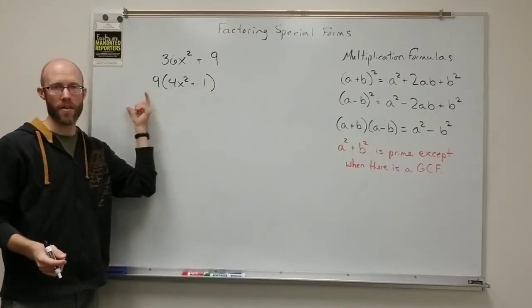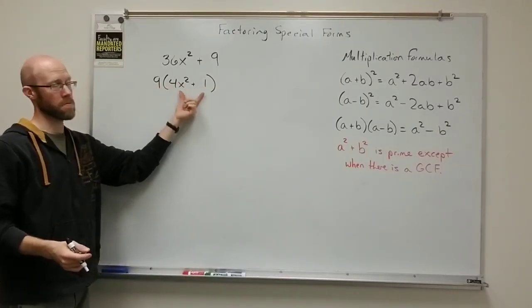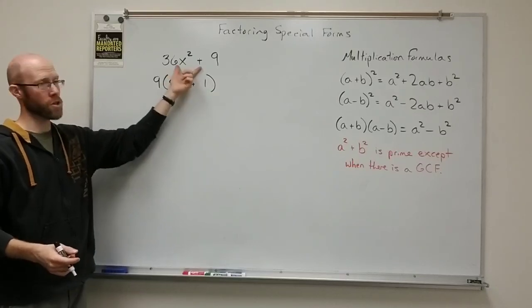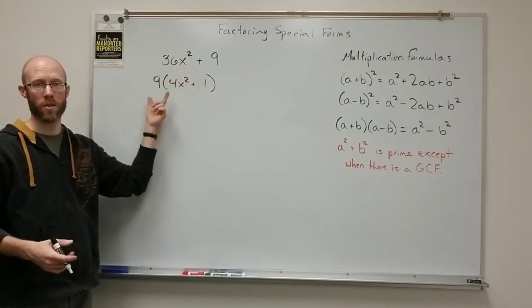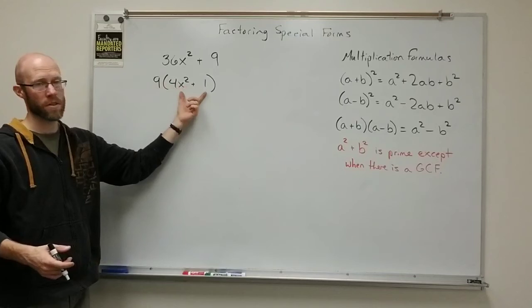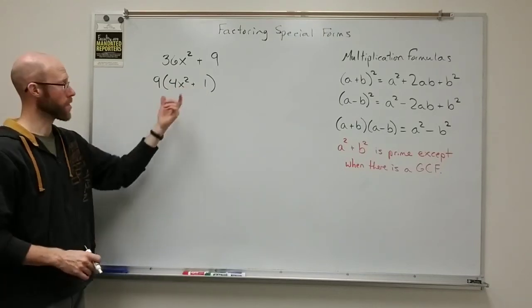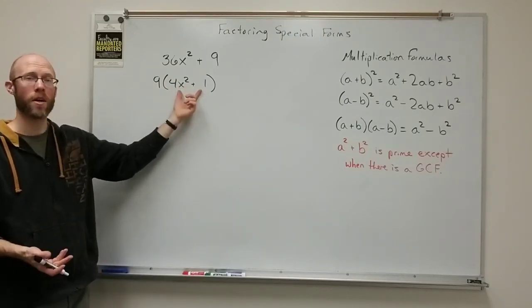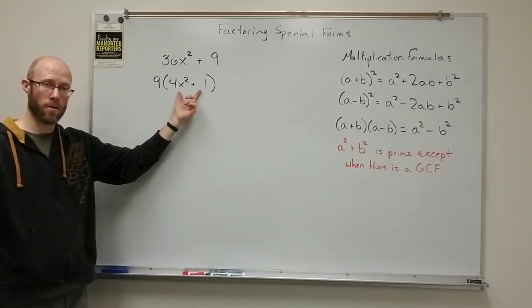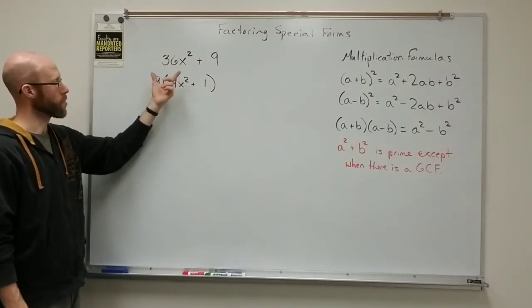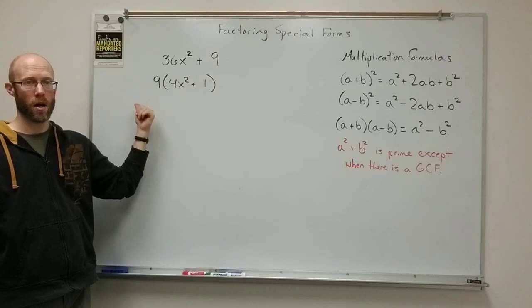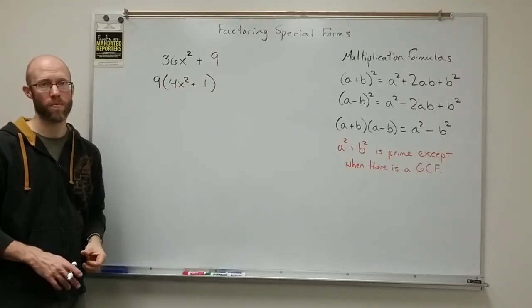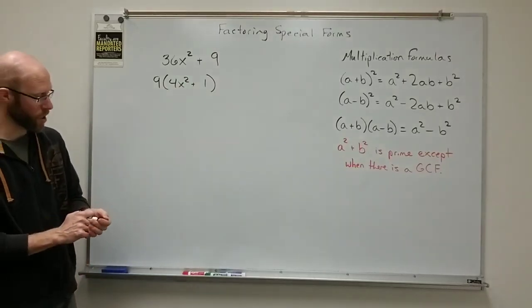And all of a sudden I have a factored form. I have a monomial times a binomial. The original is not actually prime. It does factor into a GCF times a binomial. Okay. Now this binomial is prime from here on out, but that's okay. We want to get this down to prime factors. And so we would not call the original prime. We would say it factors into these two. Okay. So that is an exception.